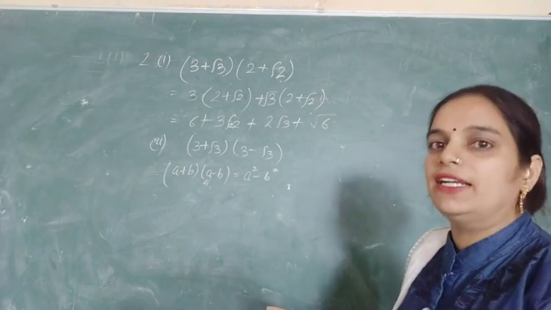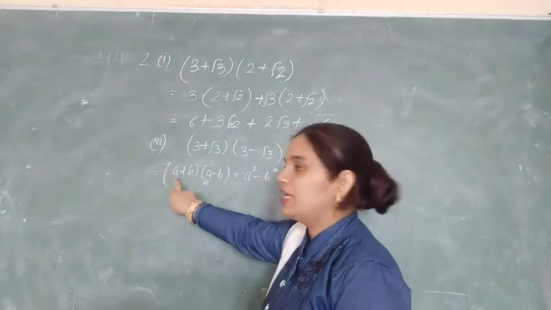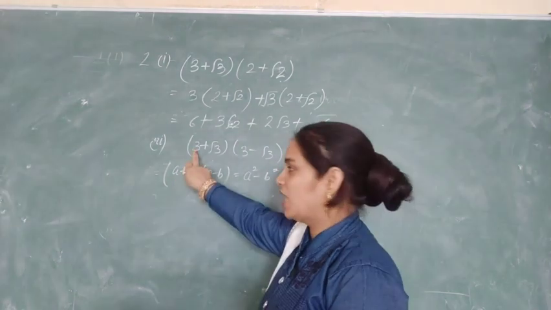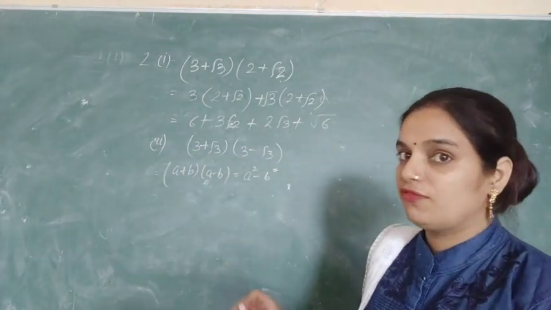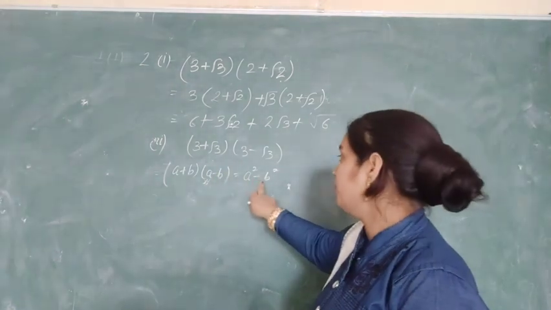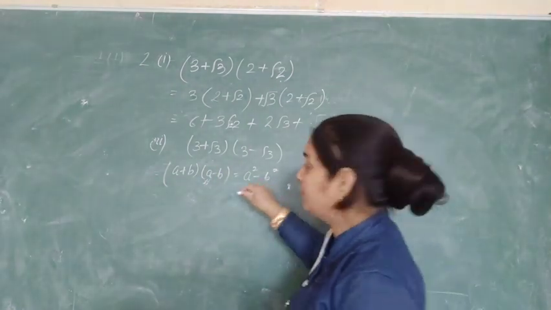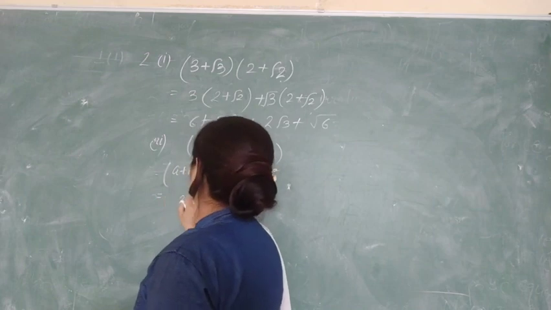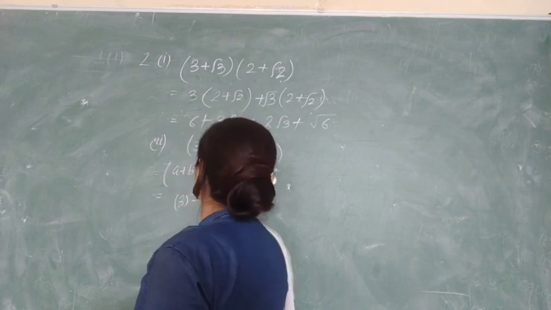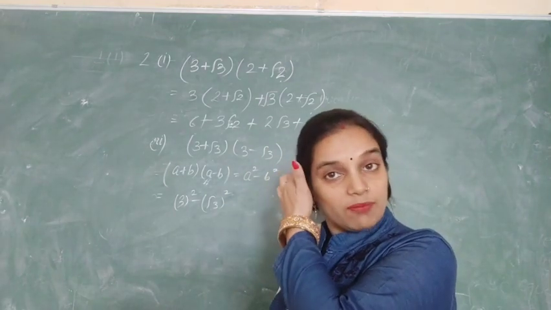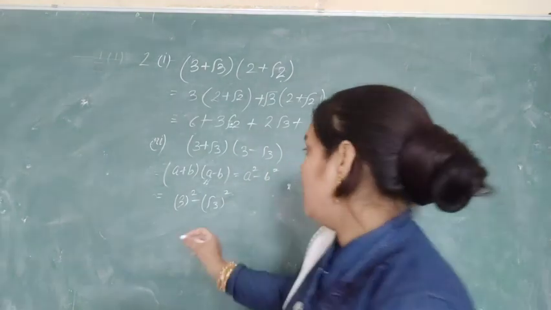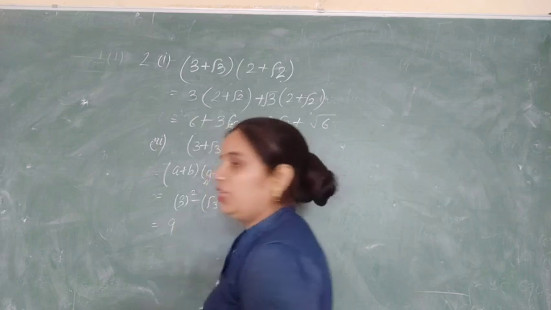According to this identity, we see here that at the place of a we have 3 and at the place of b we have root 3. Then we will put the values of a and b in the right hand side of the given identity. What will we get? We will get square of 3 minus square of root 3. This will be the result, but now we will simplify this, and we know that square of 3 is 9.